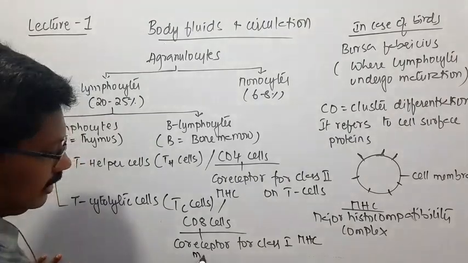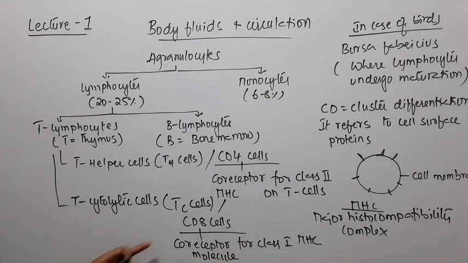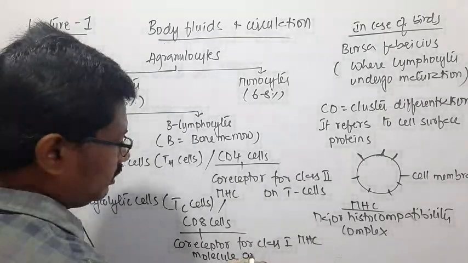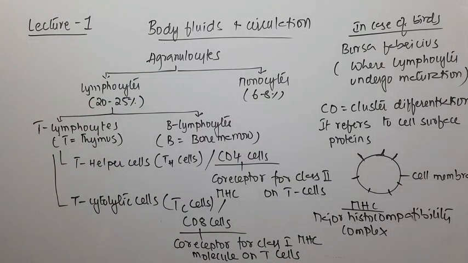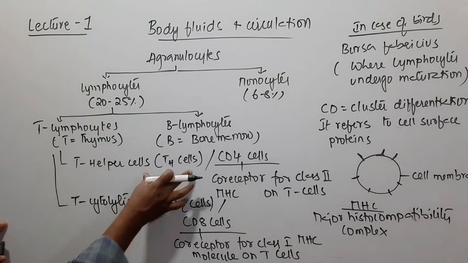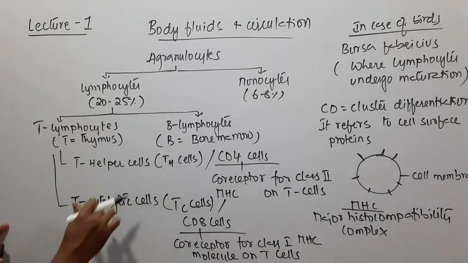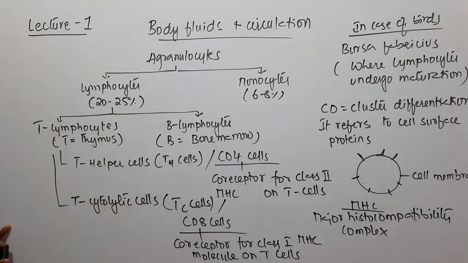The CD8, that is cluster differentiation 8, is a co-receptor for class 1 MHC molecule, and we'll see this on the T cells. So you can call these TC cells CD8 cells, and in the case of T helper cells, CD4 cells.